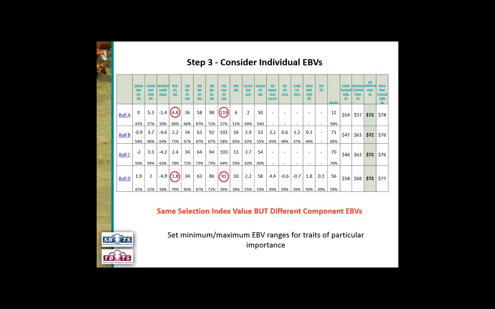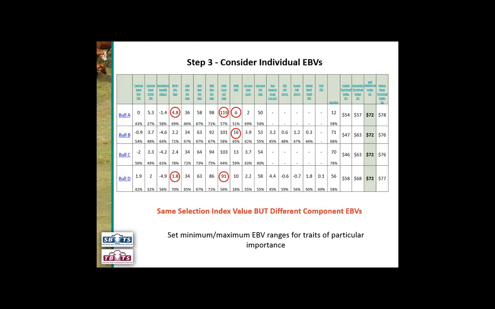You can see there's a significant variation in mature cow weight. Bull A will produce daughters with significantly heavier mature cow weight than Bull D. So if you're concerned about keeping your mature cow weights down a bit, you may well again select Bull D.